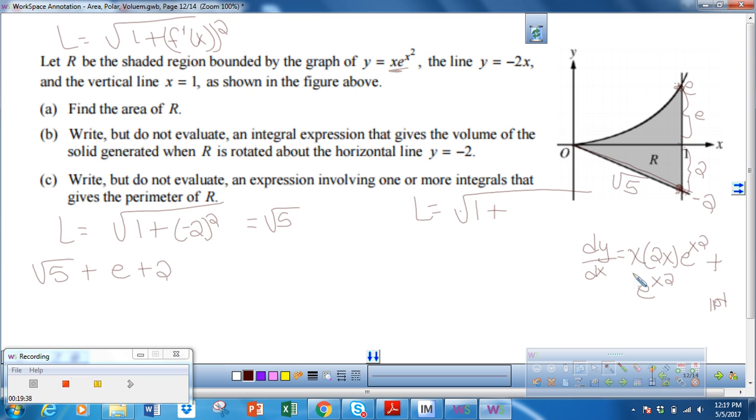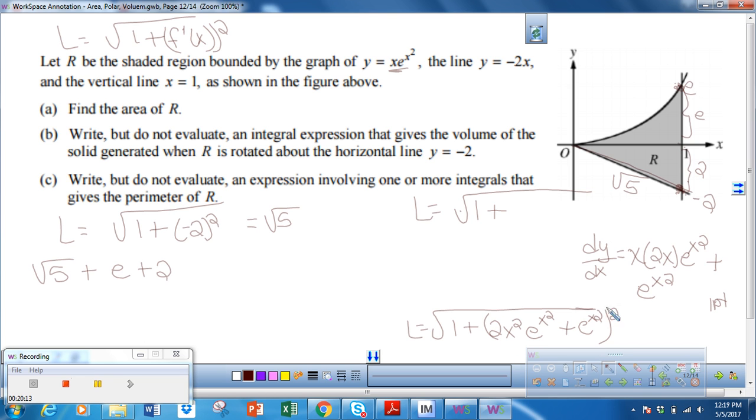And then evaluating that derivative at 1? No, we don't. We just leave that there. So the length is, I'm going to need more space to write that length. The length of this is going to be the square root of 1 plus, let's clean this up a little bit, I can write this as 2x squared e to the x squared plus e to the x squared, quantity squared.